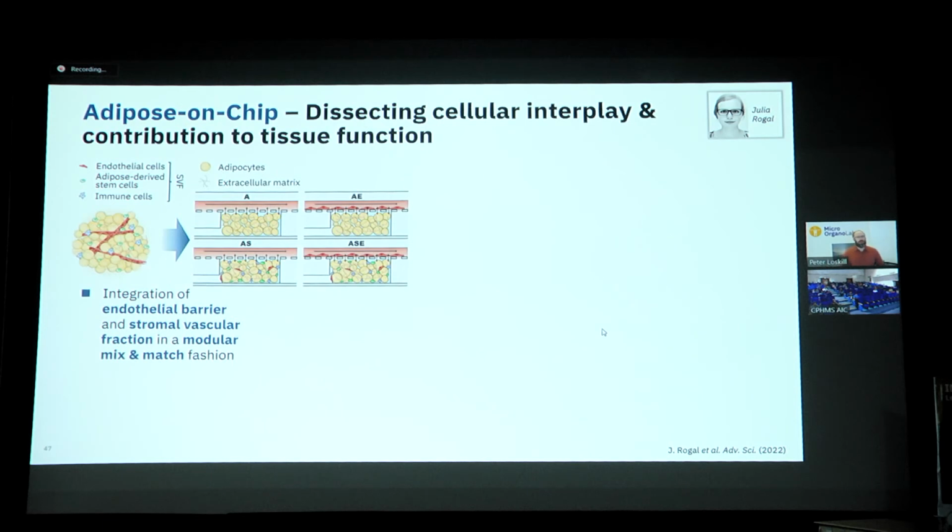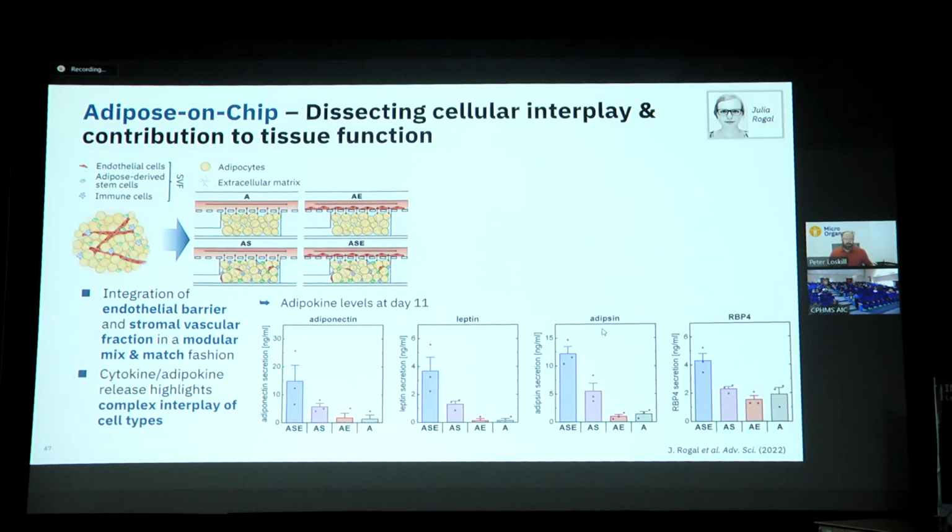And one of them really looked into dissecting the cellular interplay, because I showed you that we can have these very different complexity models from the same patient. So from one donor, we can get lots of different models, and we can combine the different cell types in a tailored manner. What we could see in that case was that, for example, adipokine secretion, which is typically thought to be only produced by the adipocytes.